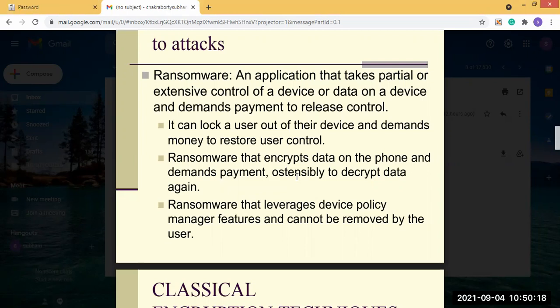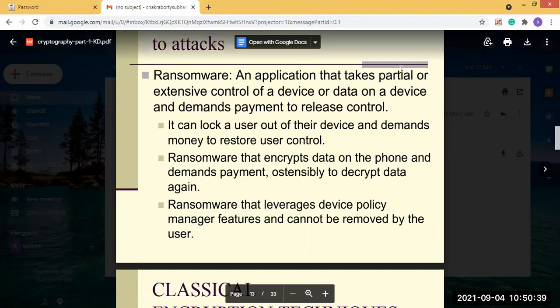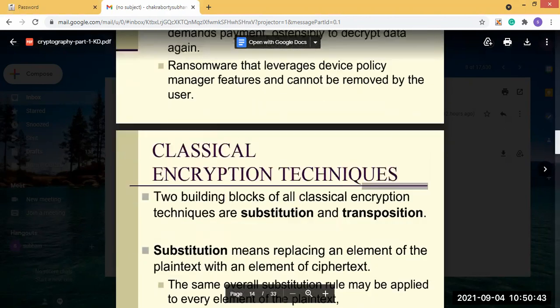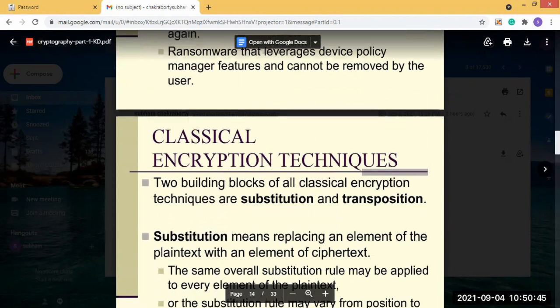Ransomware can leverage device policy manager features and cannot be removed by the user. That means the user cannot remove that policy. So here, mainly, the attacker takes control of your device and demands money so that it releases the control. This is the ransomware attack. Okay, so this is of all the attacks we have seen.